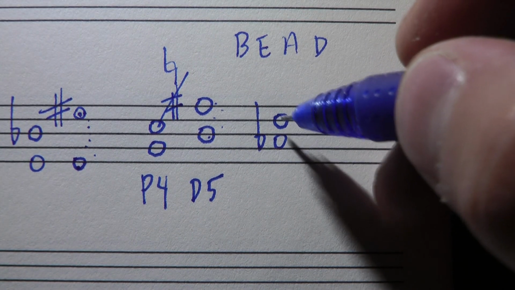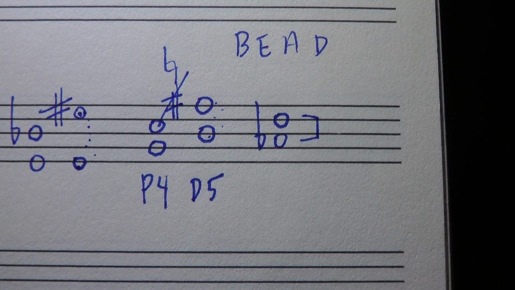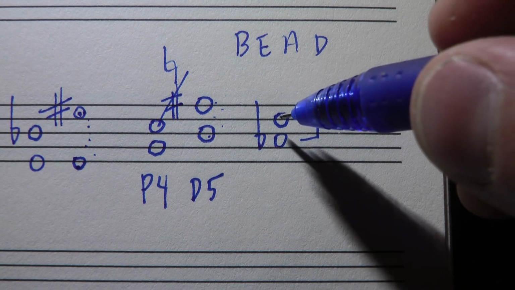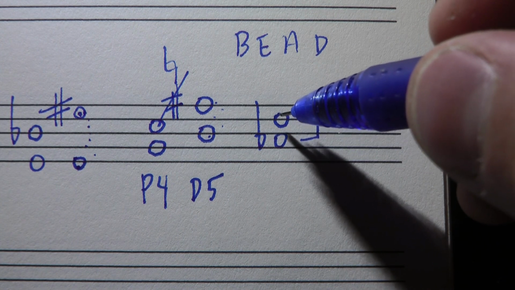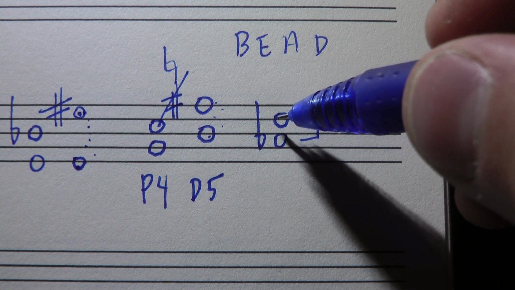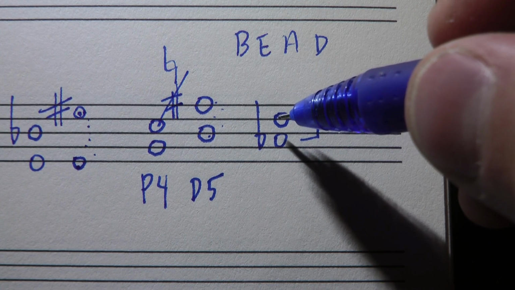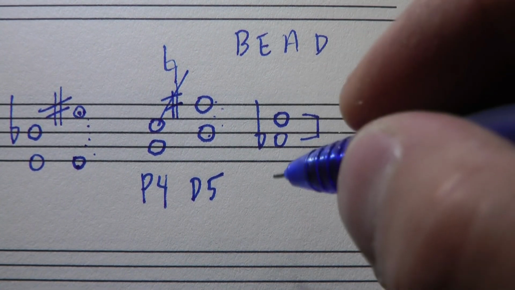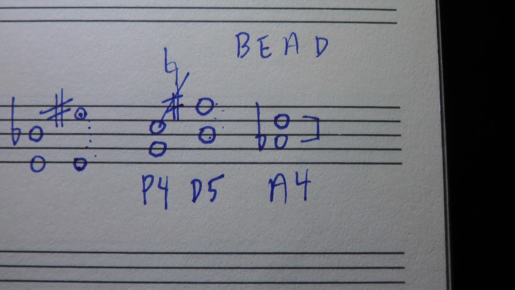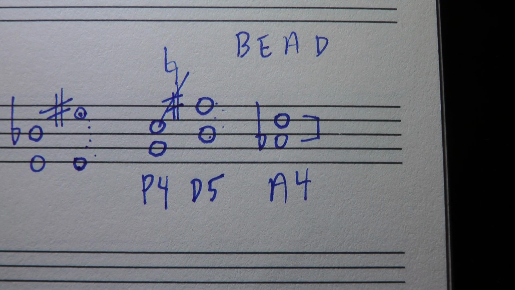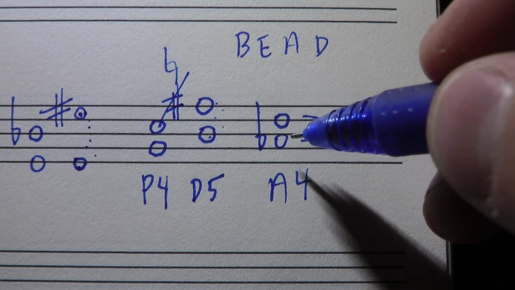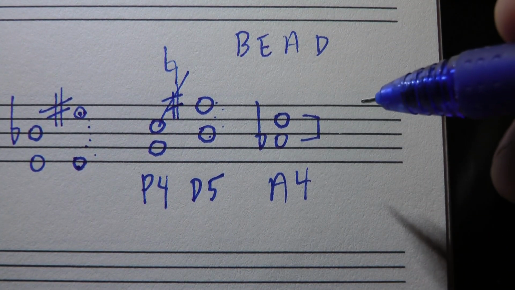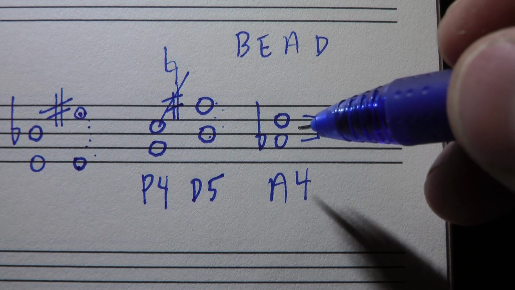D would have to be flat in order for it to be a perfect fourth. But D is in fact natural here. So now the interval is opened by a half step and is now an augmented fourth. So once again, in order to decide intervals, rather than counting semitones or whole steps from note to note, it may be convenient to think in the key of the low note.